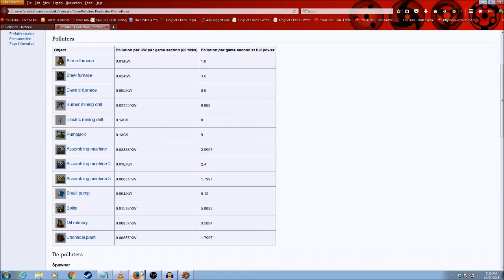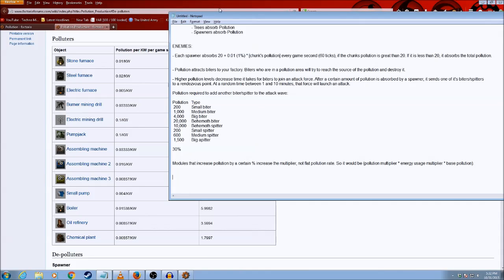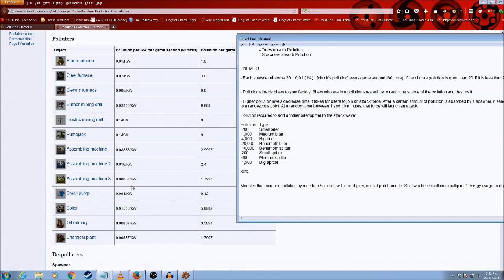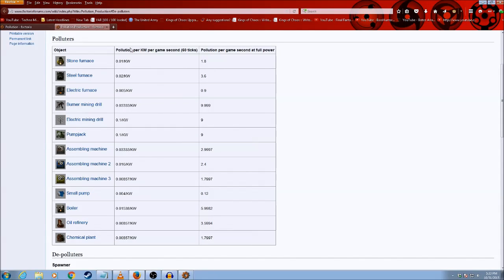So essentially, if you had one productivity module in there, you would multiply the 0.03333 per kilowatt by 30% and by 3, right? And it would add quite a bit. I'm not going to do the math, but essentially it's quite a lot because obviously this takes more than a kilowatt.